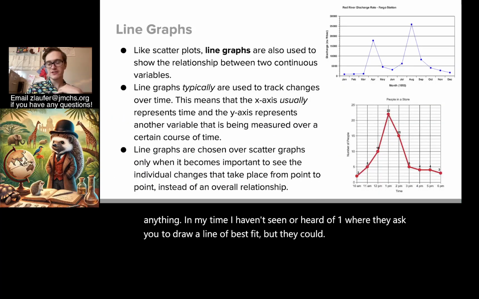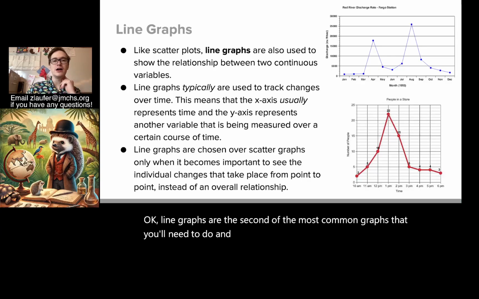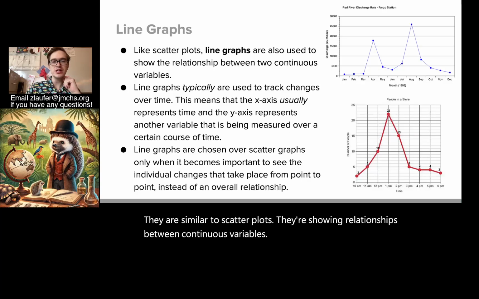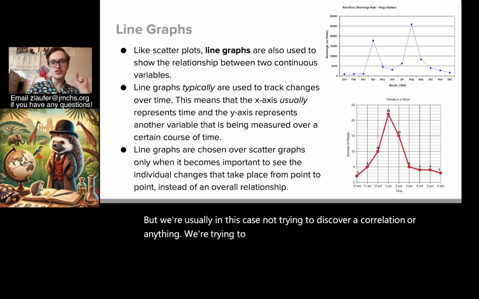Okay. Line graphs are the second of the most common graphs that you'll need to do and use. They are similar to scatter plots. They're showing relationships between continuous variables. But in this case, we're usually not trying to discover a correlation or anything. We're trying to track some change over time is the most common.